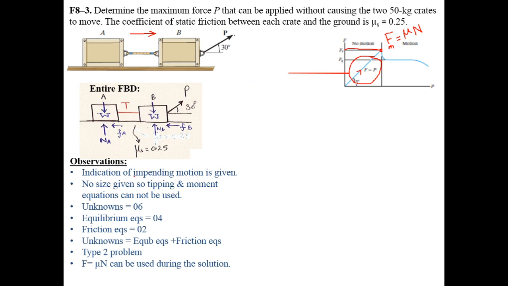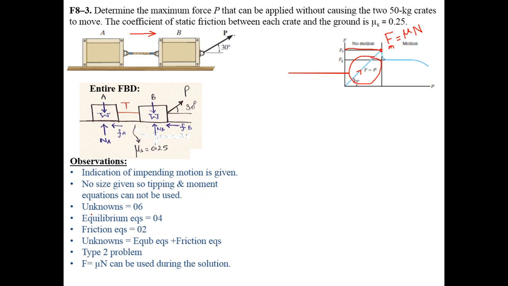So now let's note down the observations. By reading the first line of this problem, we are in a position to note down the fact that in this problem indication of impending motion is actually given to us. And since no size is given, tipping and moment equations cannot be used.